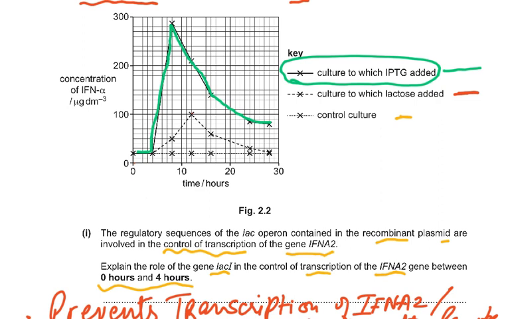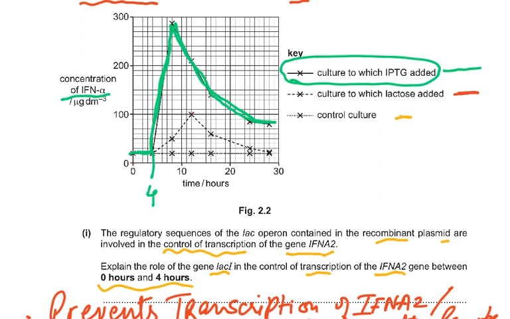Describe is no biology, I always tell you that. The concentration of IFN alpha produced peaks, increases and then decreases. You can see that it increases and then it decreases. Peak is at 8 hours, 4 hours after the addition of IPTG. Why? Because we added the IPTG here at 4 hours.